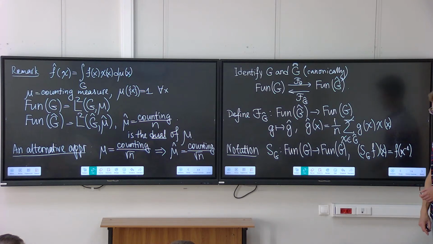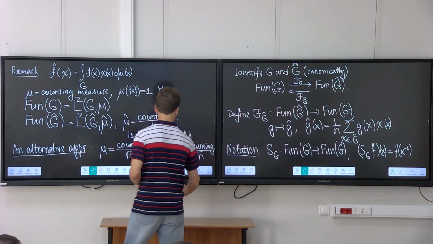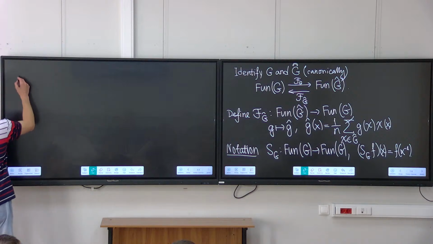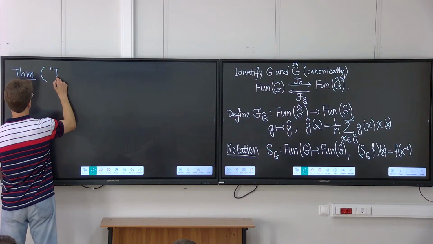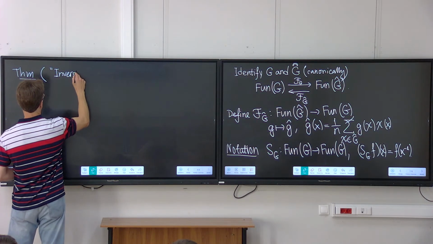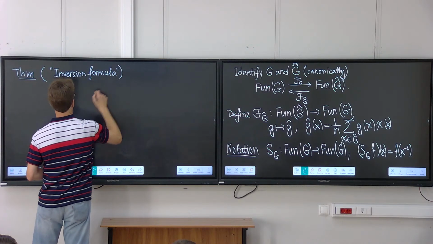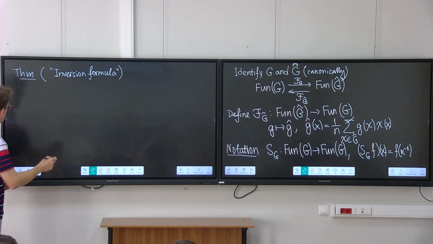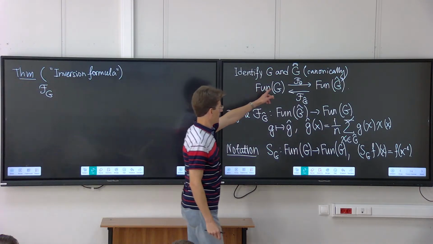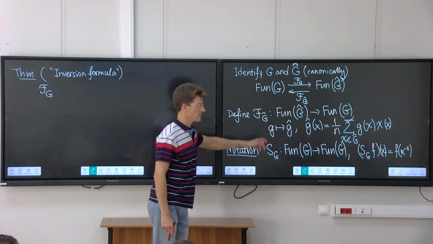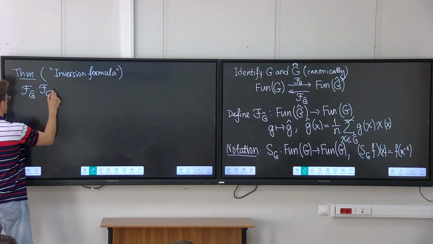So it is induced by the inversion map on G. Now we have the following simple but useful result. This is the inversion formula for the Fourier transform. So I claim that if we first apply F_G and then apply F_G hat, then we get S_G.